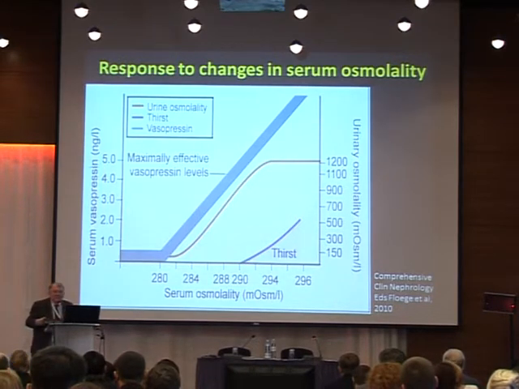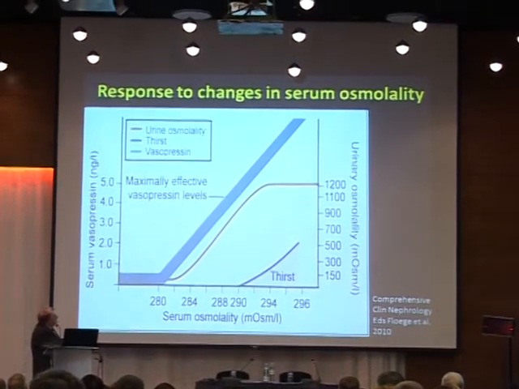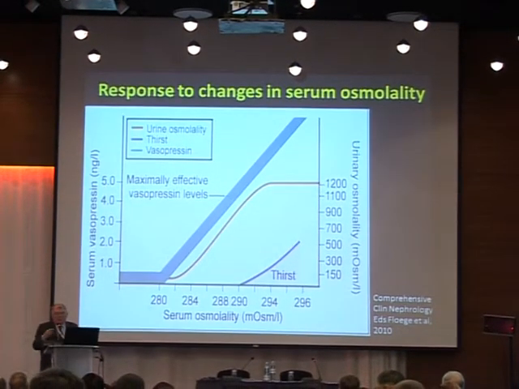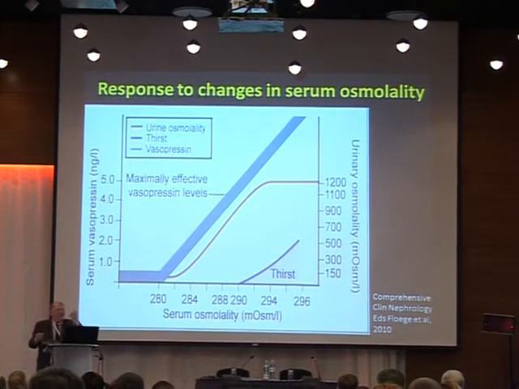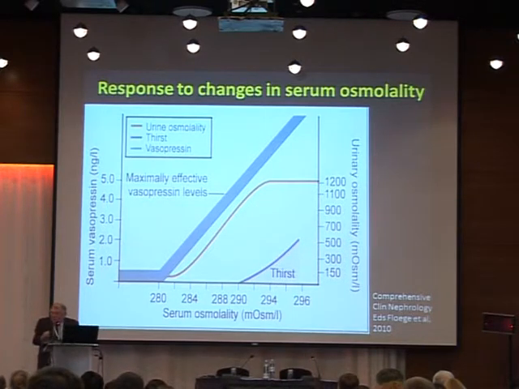We are not desert rats, because we can only concentrate maximally to 1200 milliosmoles. That's 4 times the concentration in the blood. A desert rat who has no water during months can concentrate up to 3000 milliosmoles just to conserve the water, because it has no water, or very little.